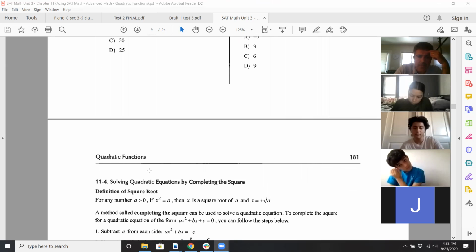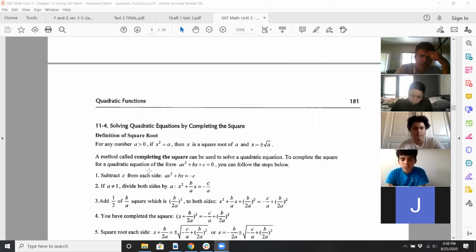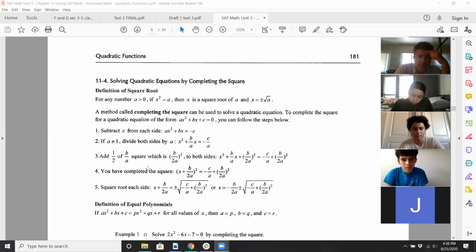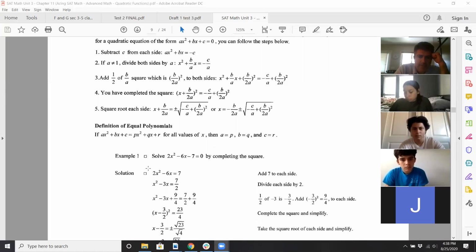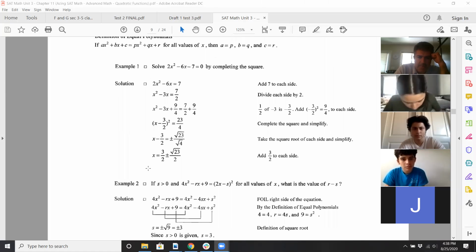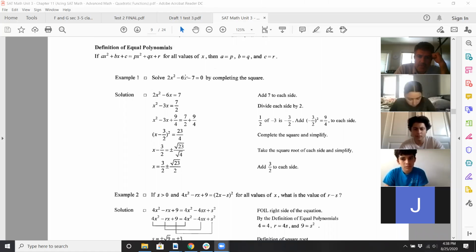Then let's look at 11.4, solving quadratic equations by completing the square. Sometimes that's kind of a good skill to know for the SAT. I'll kind of just do a problem because I think that makes the most sense. So what they first did was they put the 7 over to the other side. And it looks like they divided by 2 to kind of make this a pretty simple term, just x squared.